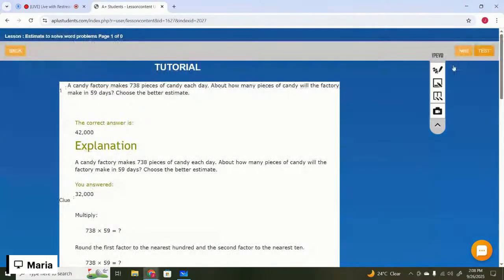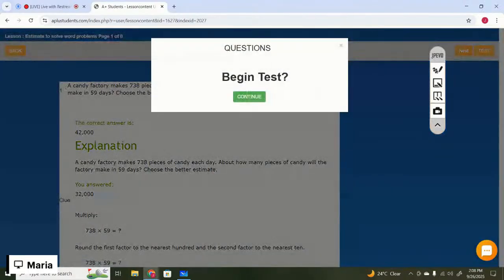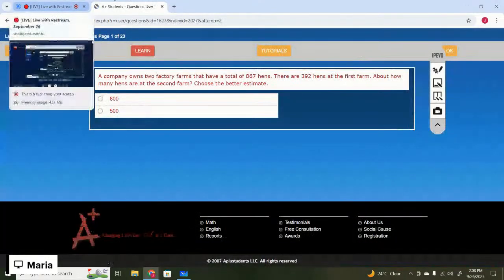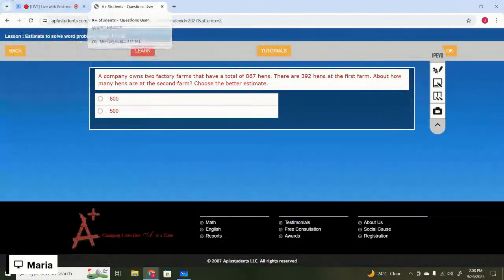Let's just start with the test questions. A company owns two factory farms that have a total of 867 hens. There are 392 hens at the first farm.